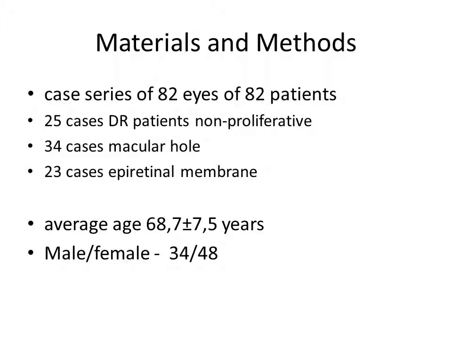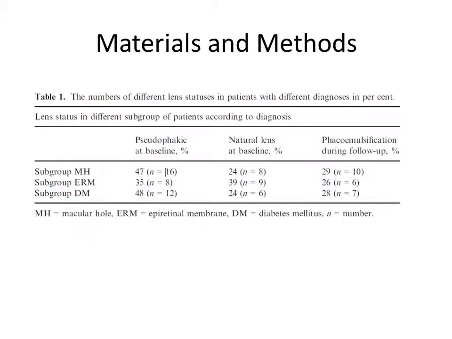The average age of the group you can see, and the ratio of male and female is presented here. We focused more deeply on this, and you can see the differentiation: MH is macular hole, ERM is epiretinal membrane, and DM is diabetic retinopathy.